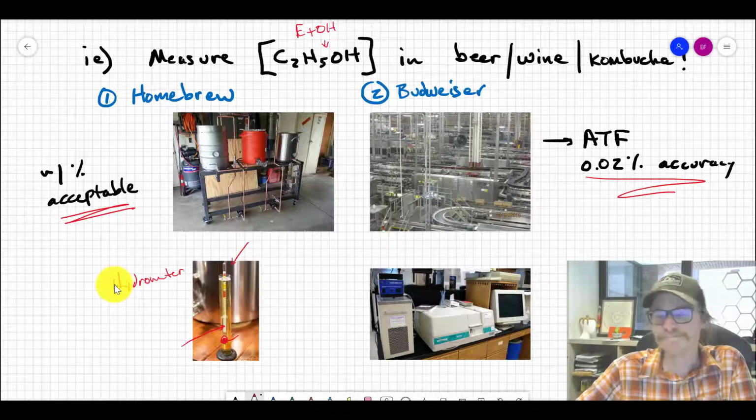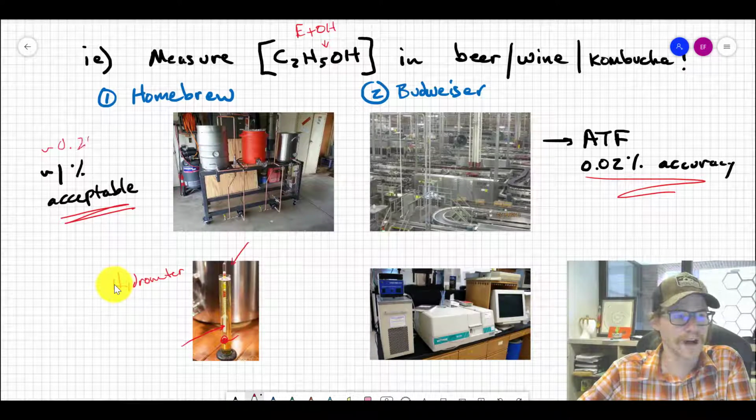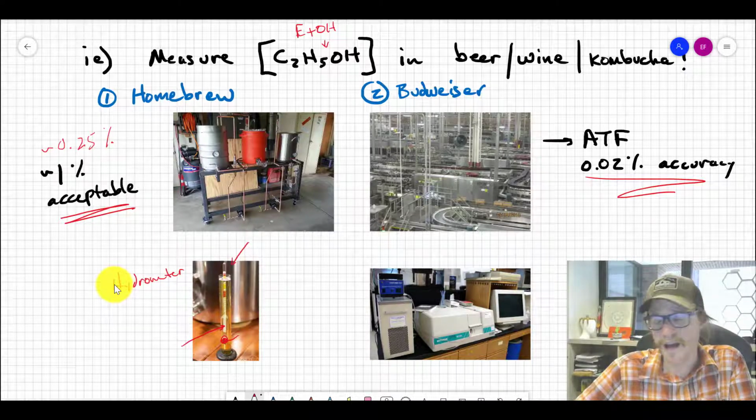And for me, plus or minus 1% in terms of alcohol by volume is acceptable. This thing can probably do a little bit better than that, roughly 0.25%, but that's it, right? It's $6. I can do this measurement on the fly when I'm brewing, and I get the numbers I want based on the usage of my data.